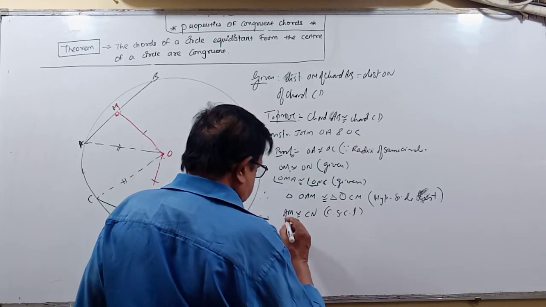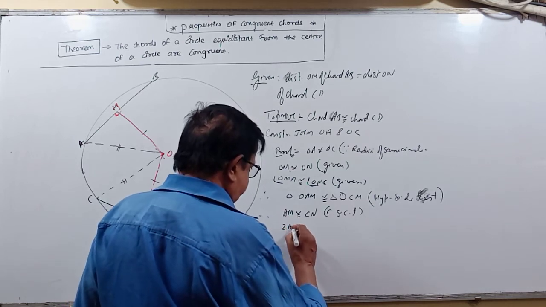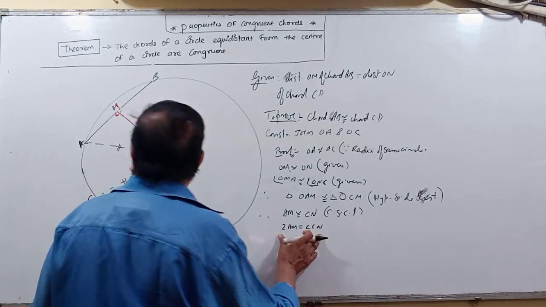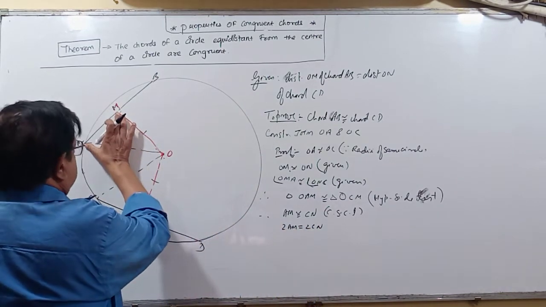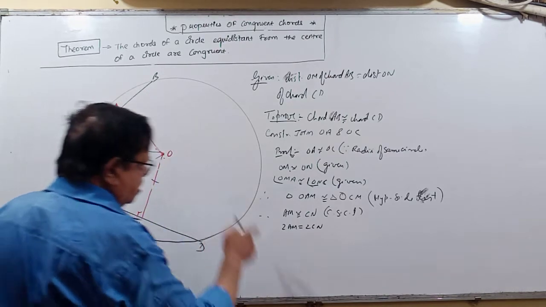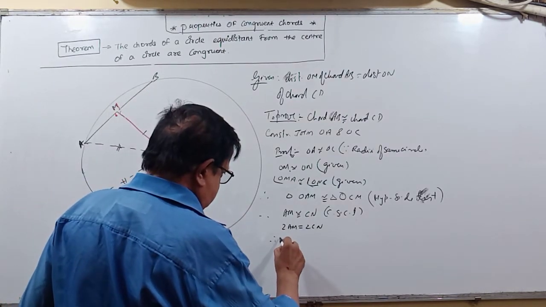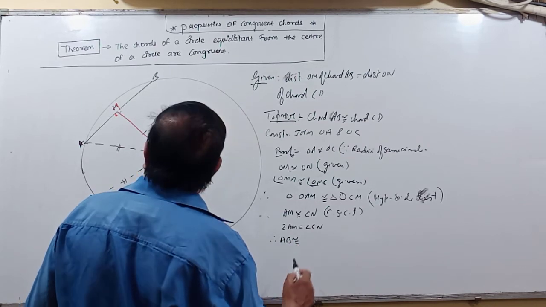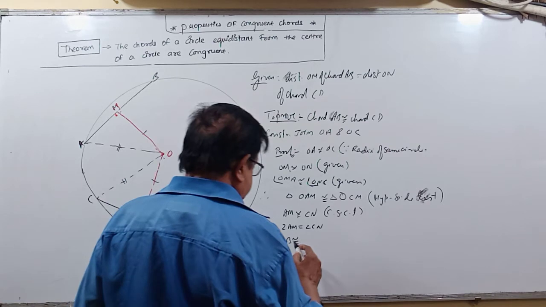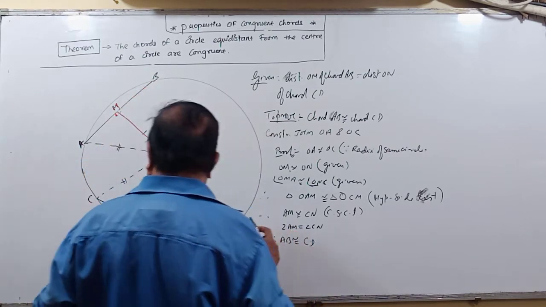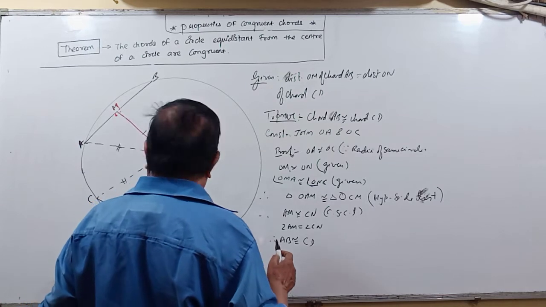Therefore, twice AM equals twice CN. That means twice of this equals twice of this. And twice AM is equal to AB, twice CN is equal to CD.